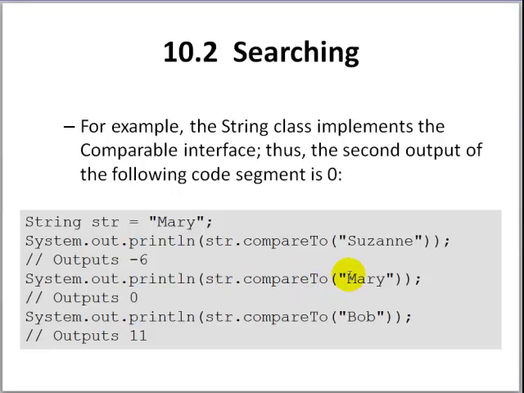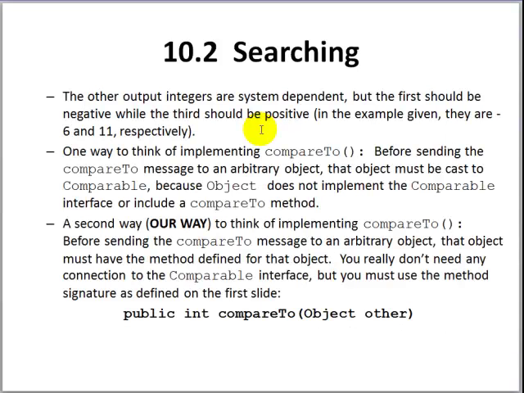str compareTo Mary, well, they're exactly the same, Mary and Mary, and so they are equal to each other, so it prints out a 0. System.out.println str compareTo Bob, well, Bob is alphabetically before Mary, therefore we would expect that str Mary is greater than Bob, therefore it outputs 11, a positive number.